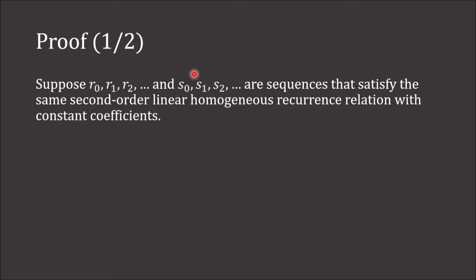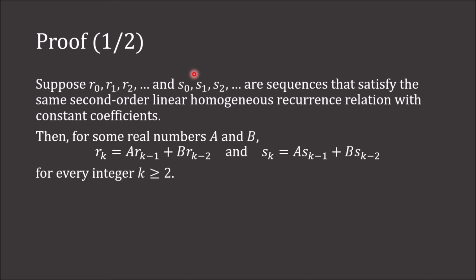Then for some real numbers A and B, we have R sub k equal to capital A R sub k minus 1 plus capital B R sub k minus 2, and S sub k equal to capital A S sub k minus 1 plus capital B S sub k minus 2, for every integer k greater than or equal to 2.